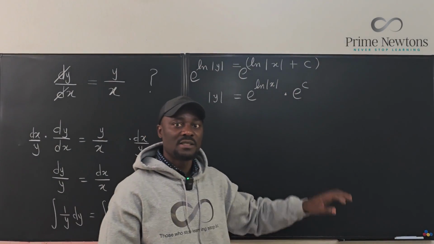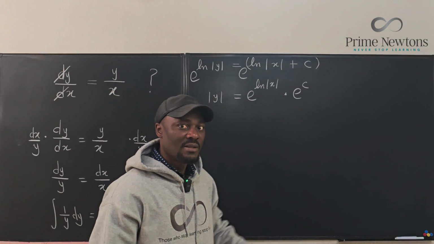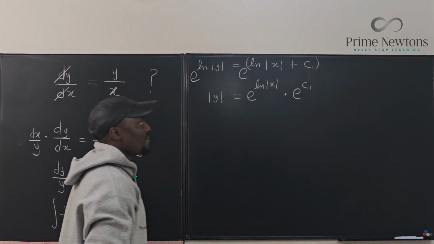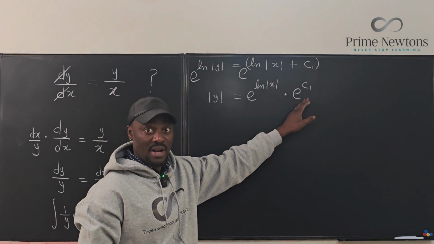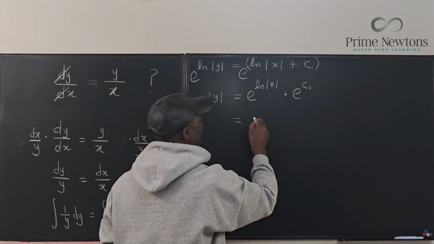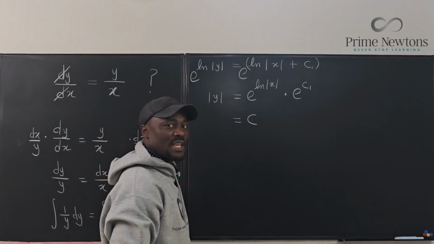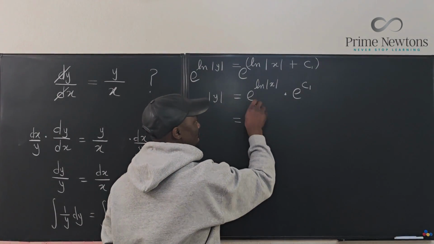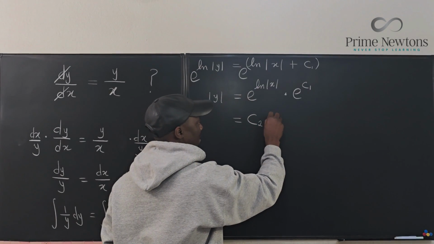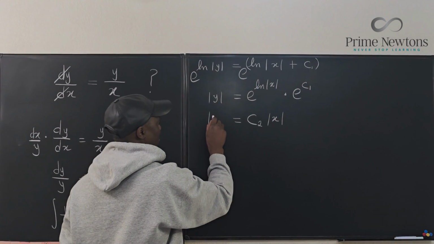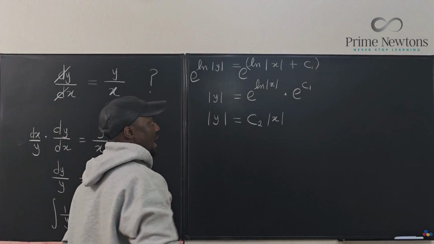But e to the c itself is another constant. Okay, so let's call this c1. So this is a constant, right? So we can easily say that this e to the c1, we can call it, let's just say it is c2. And we know that e to the ln of absolute value of x is just absolute value of x, so c2 times absolute value of x is absolute value of y.